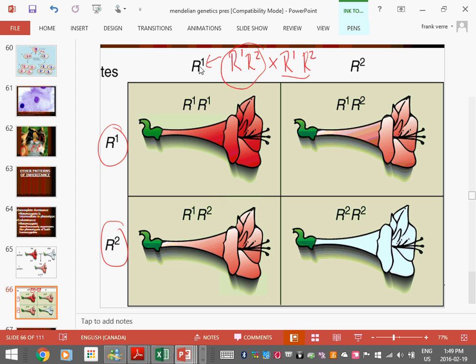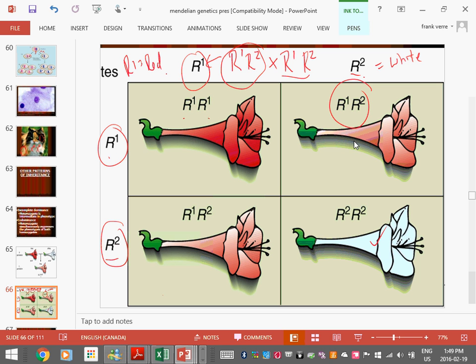So this would be R1, R1. But what does R1 stand for? Well, R1 is red. So what do you get here? Red, red gives you red. What do you get over here? Well, this box is R2 with R2. R2 is white. So R2, white is white. Now here, R1, R2, because you got R1 with R2.